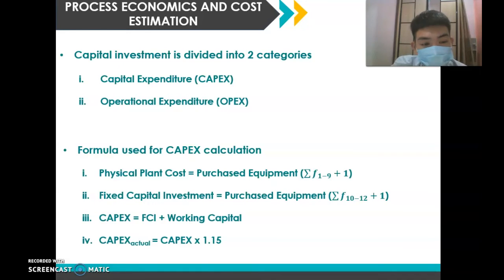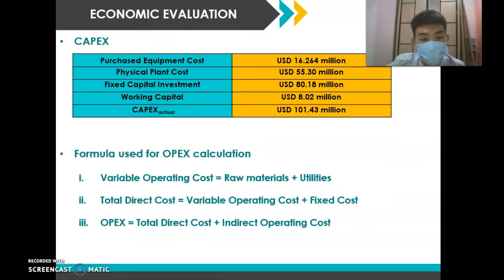115%. According to reference, 3 to 15% accuracy range should be included to obtain the actual CAPEX cost. After calculation, the actual CAPEX cost is USD 101.43 million. The OPEX is calculated by using this formula, where variable operating cost is raw material plus utility, and the total direct cost is the summation of variable operating cost plus fixed cost, and OPEX is the total direct cost plus indirect operating cost.